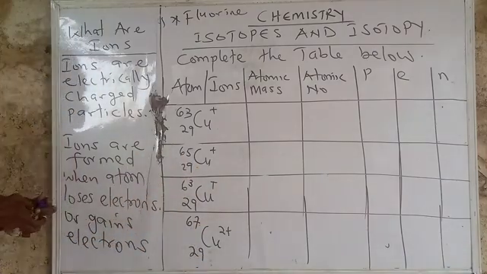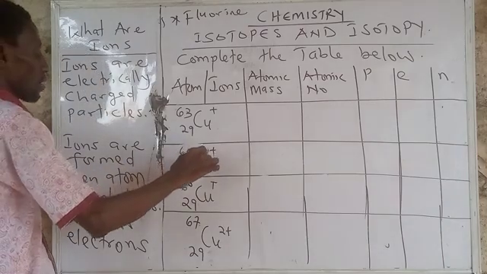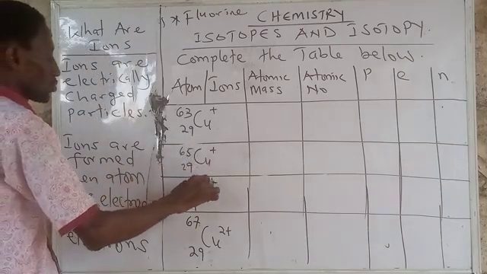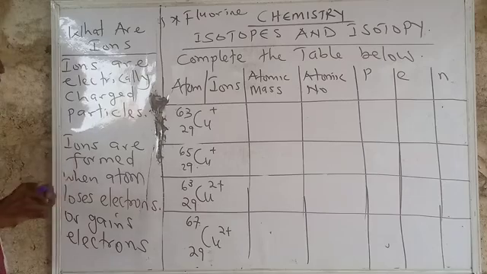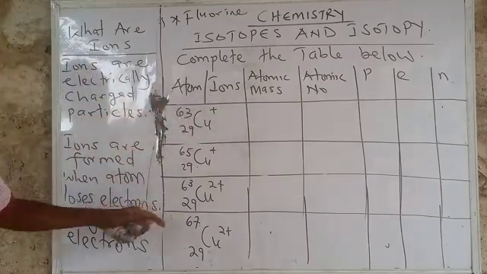So copper, as we know, it can be +1 and it can be +2. So this can be copper 1 and it can be copper 2.